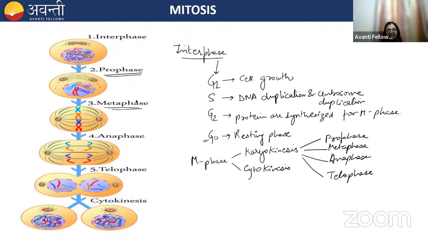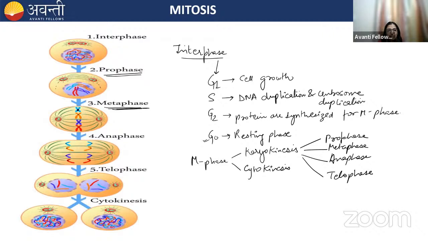During metaphase, the compaction of the chromatin or chromosomes is clearly visible. The condensation of the chromosome is completed at the late prophase or the early metaphase. And the morphology of the chromosomes is clearly visible and studied in metaphase.